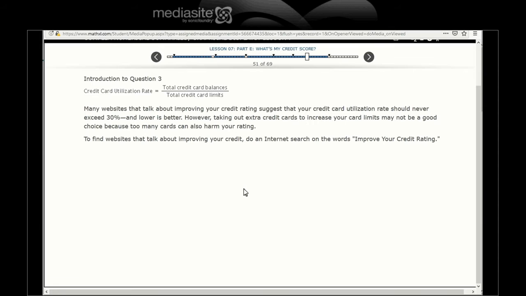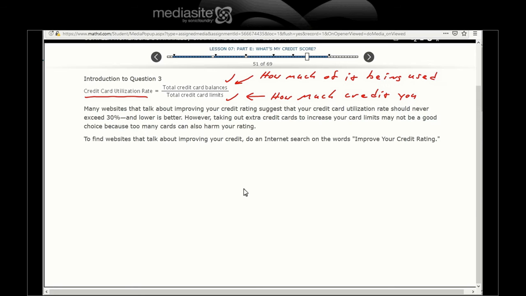Okay. Introduction to question 3, credit card utilization rate: total credit card balance over total credit card limits. Basically, how much credit you have and how much of it is used. Many websites that talk about improving your credit rating suggest you keep your utilization rate at 30% or lower.